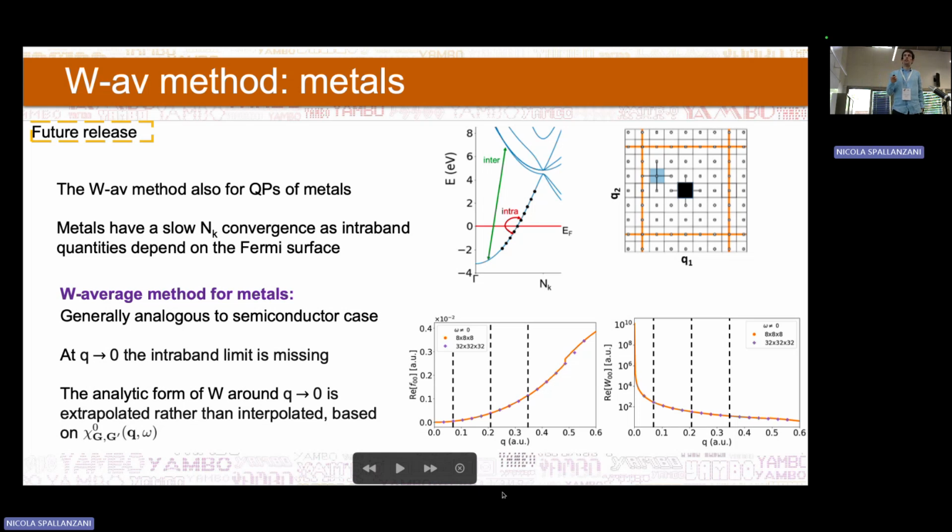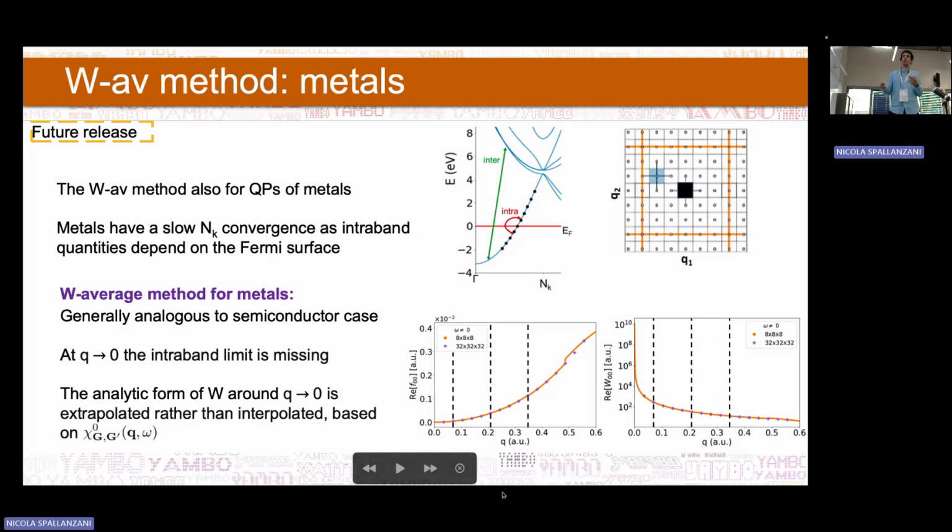So the idea in the double average method, in the case of metals, is to use the same technique. We completely remove the q equal to 0 case, but we keep all the other elements, and we extrapolate the values going to q equal to 0 based on the known physics of metals.